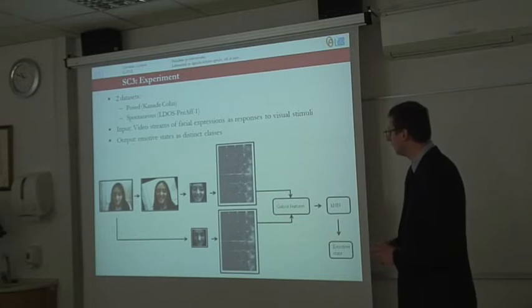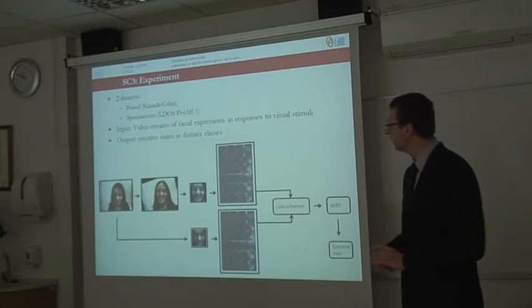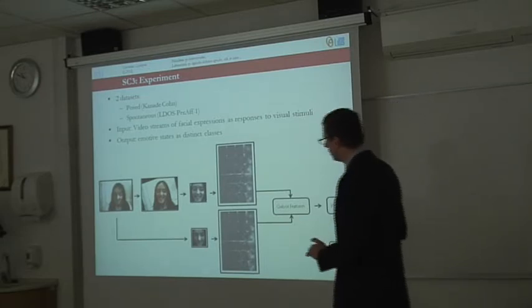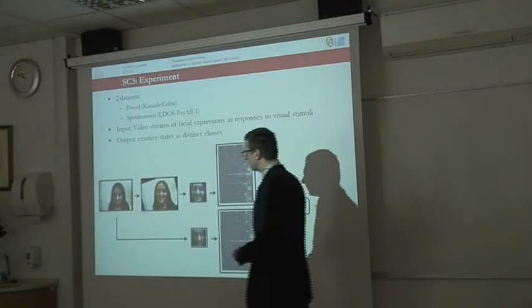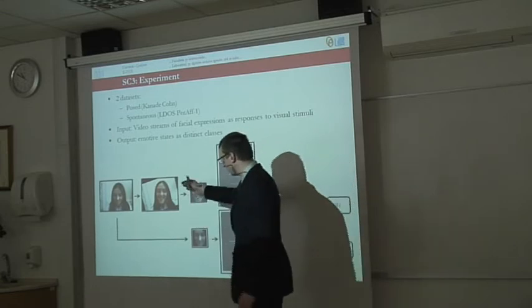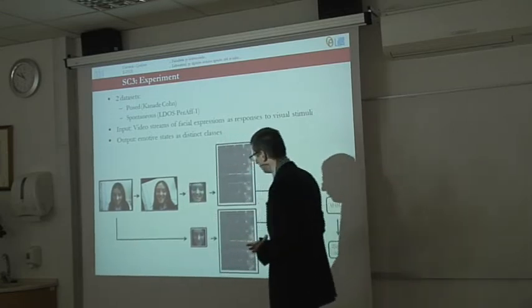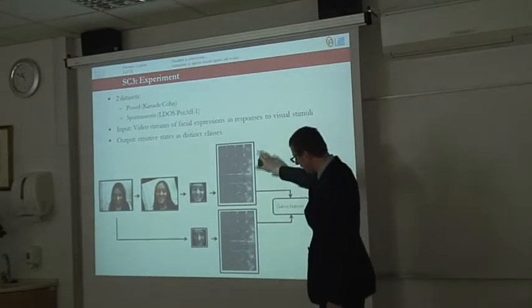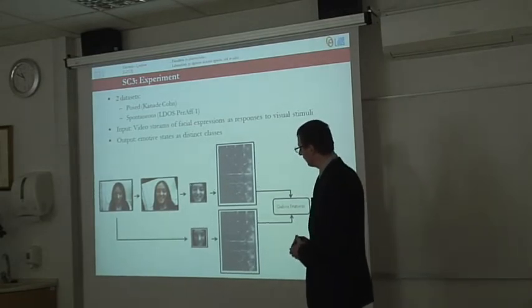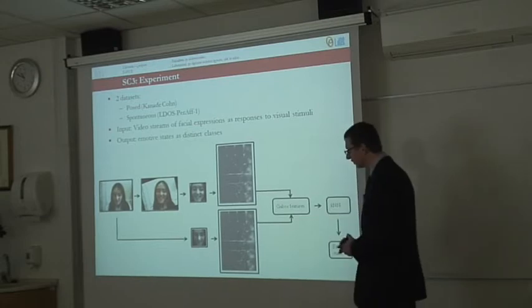Okay, that's the experiment flow that we did. We took video sequences of users responding to items. We performed some pre-processing and extracted the registered face. Then we performed the Gabor filtering method to get some low-level features.